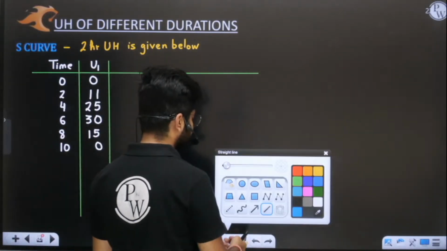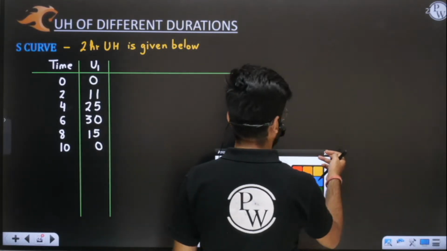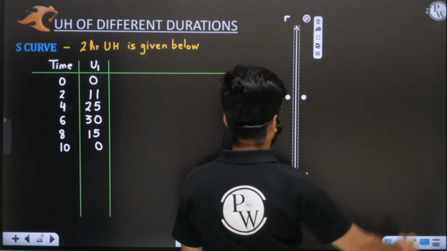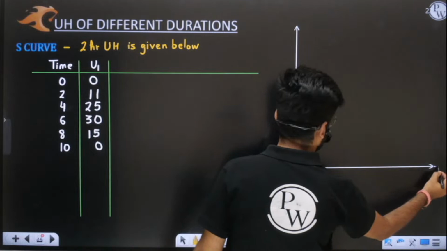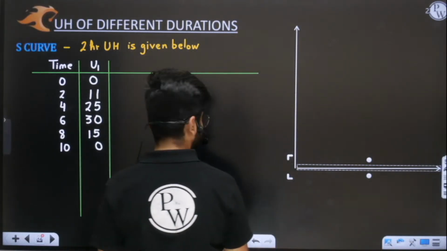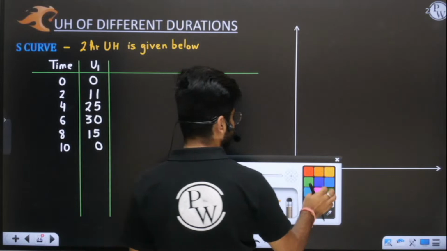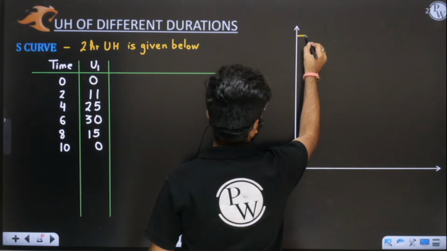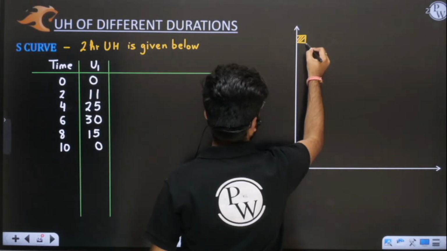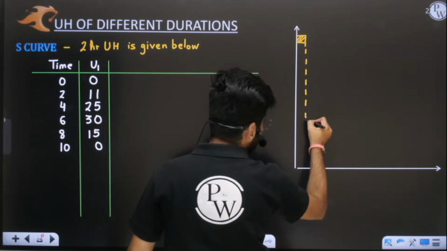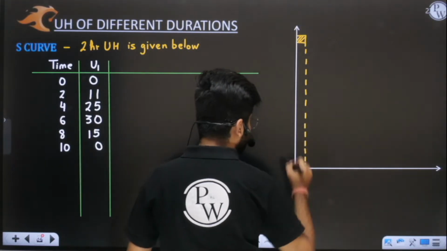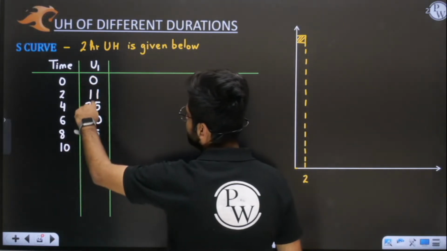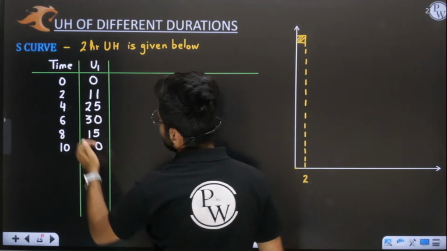If I draw a graph here, because of this 2 hour rainfall, I have a discharge effect which is varying from 0 to 10 hours.